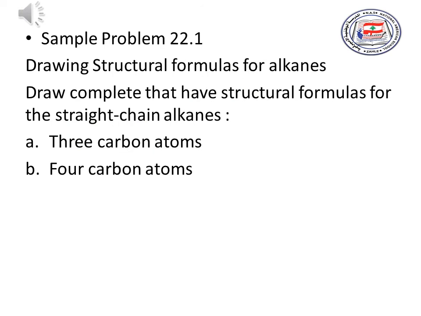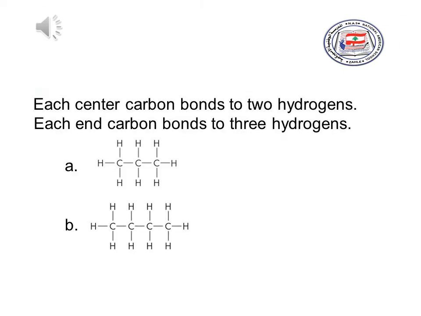So now let's do sample problem 22.1, drawing structural formulas for alkanes. The question is, draw complete structural formulas for the straight chain alkanes that have Part A, 3 carbon atoms, Part B, 4 carbon atoms. So, first, as I said before, each carbon atom forms 4 covalent bonds to hydrogen or to other carbon atoms.